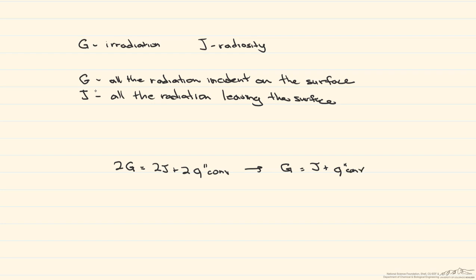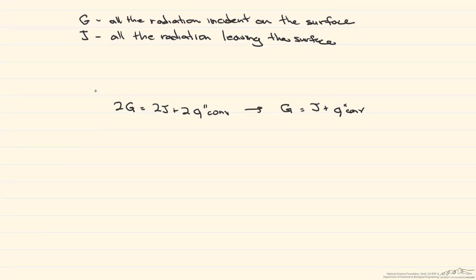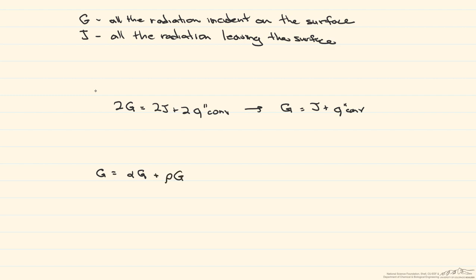However, we can make this a little clearer. Irradiation, this G, can be absorbed, transmitted, or reflected. So this would be alpha G plus rho G plus tau G. And as you can see, this also means alpha plus rho plus tau is going to be equal to 1.